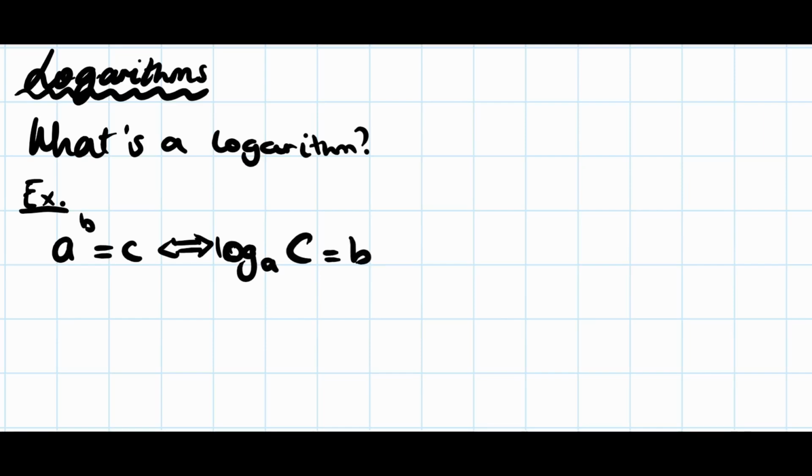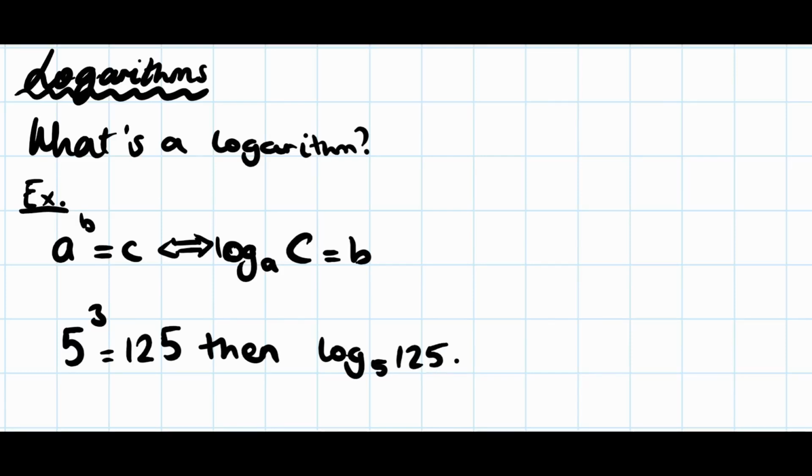If we show this in terms of numbers, for example, 5 cubed is equal to 125. Then we can say that the log base 5 of 125 is equal to 3, because 3 is our power to get 5 cubed to equal 125.